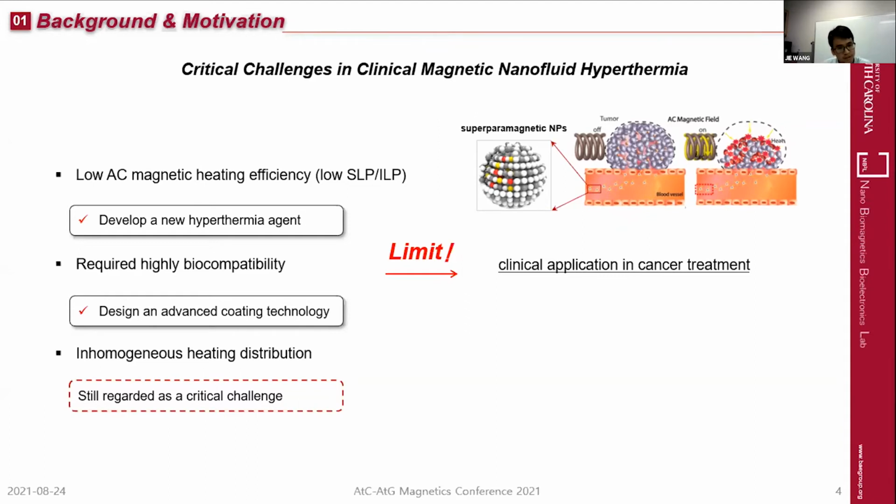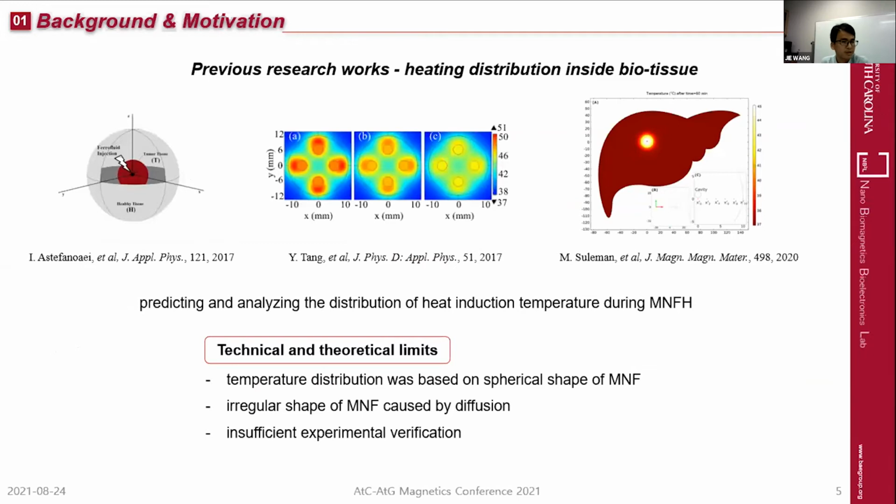However, the homogeneous heating distribution is still regarded as a critical challenge because it is very difficult to precisely detect the temperature in cancer cells during magnetic nanofluid hyperthermia. Therefore, many research works have investigated the heating distribution inside the biotissue to predict and analyze the distribution of heat induction temperature during magnetic nanofluid hyperthermia.